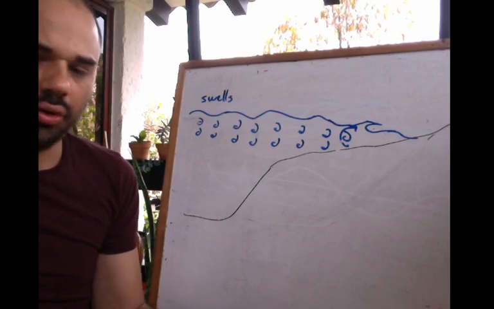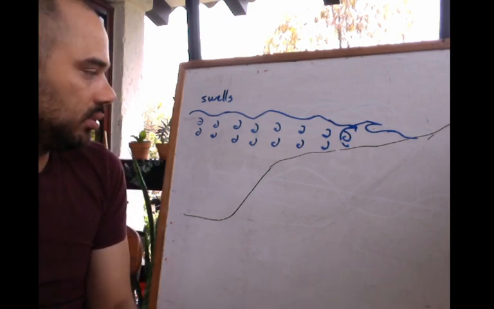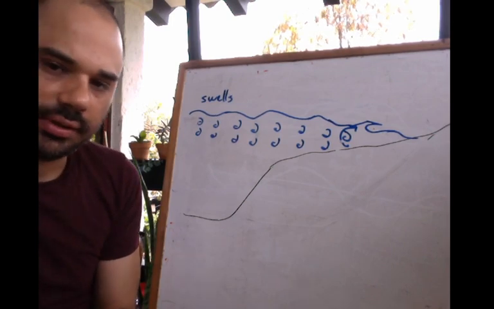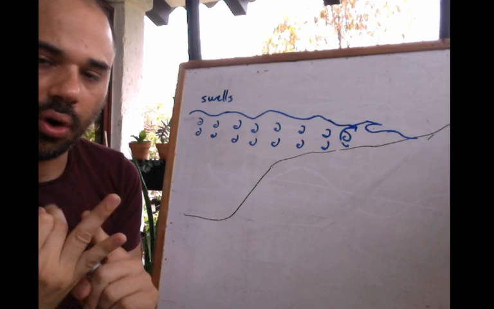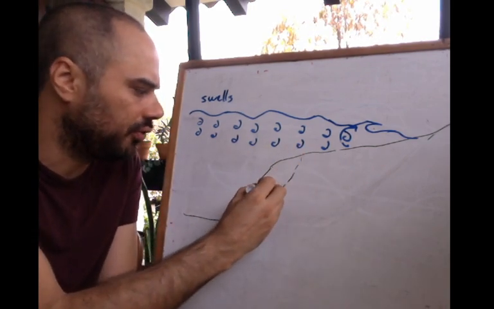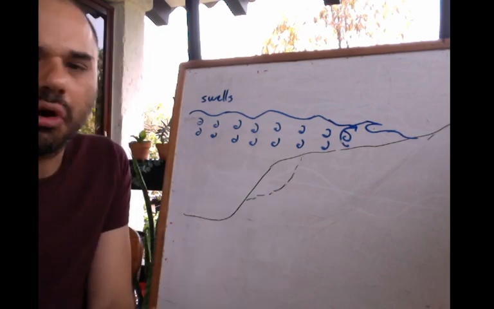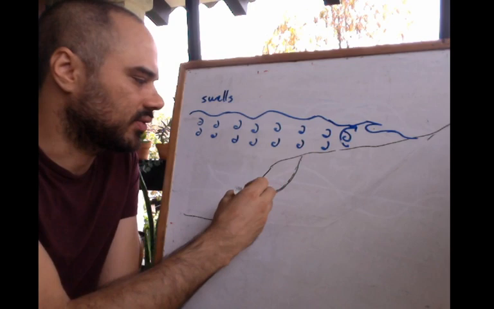Tsunamis, as I told you, are big waves caused by earthquakes, volcanic activities, or landslides. Because, like I told you before, imagine that this continental shelf is getting eroded all the time by water, obviously. And what if it breaks?